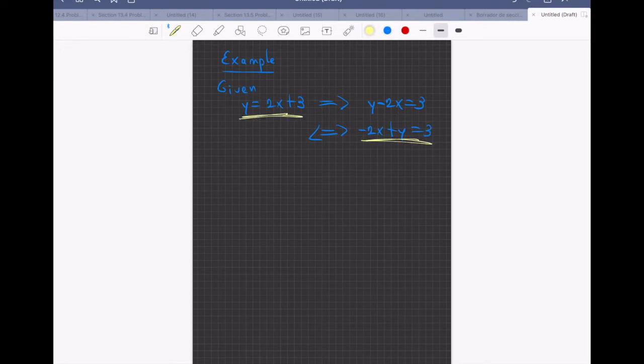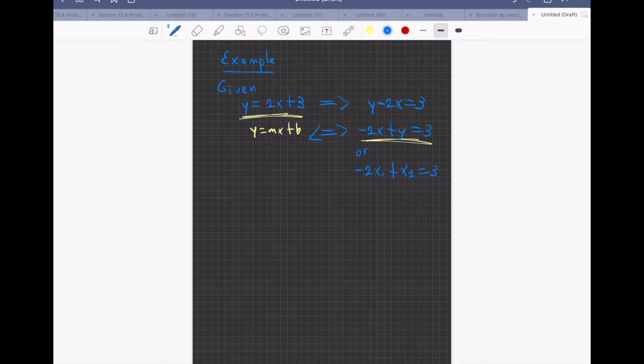So I have this form, y equal to mx plus b, or in this case, let me write it with only x: negative 2x1 plus x2 equal to 3.